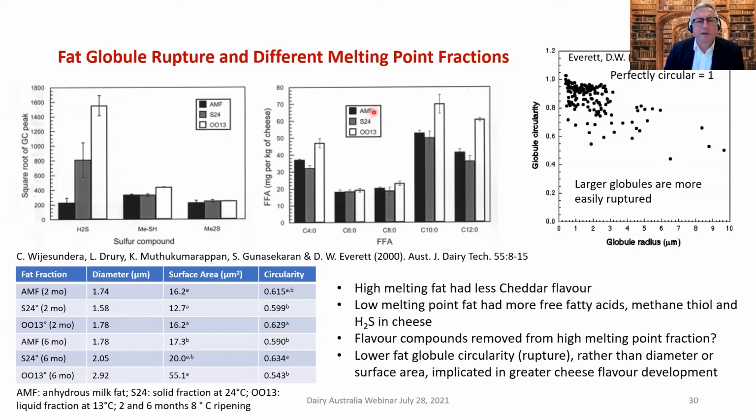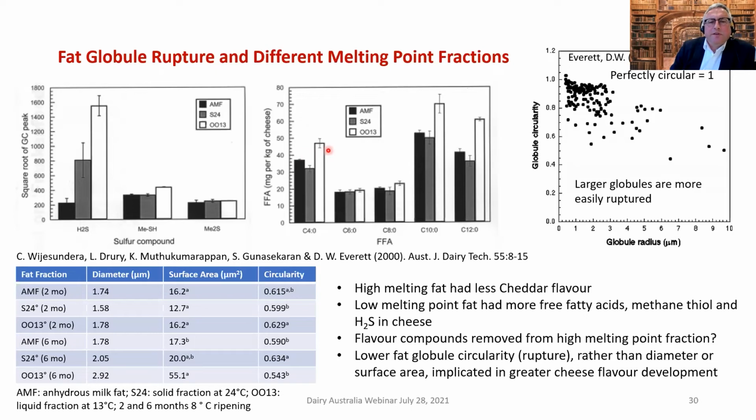One is creating a recombined milk product with anhydrous milk fat, creating it with a solid milk fraction, or creating it with a liquid milk fraction. And when we had the liquid milk fraction, we saw an increase in the free fatty acids, and also in some cases some of the sulfur compounds, which is related in a sort of poor fashion to the development of cheddar cheese flavor.